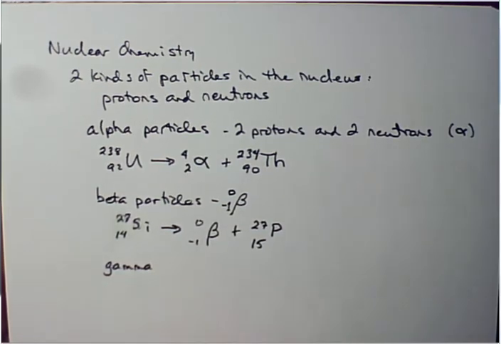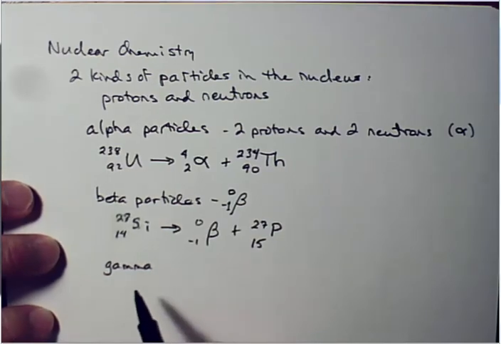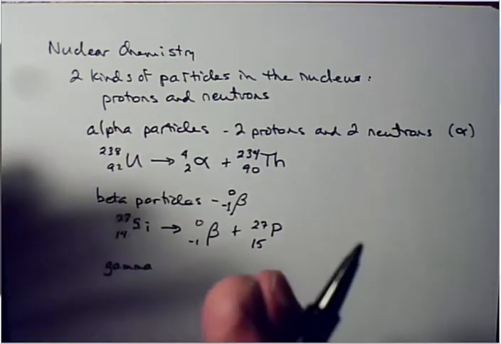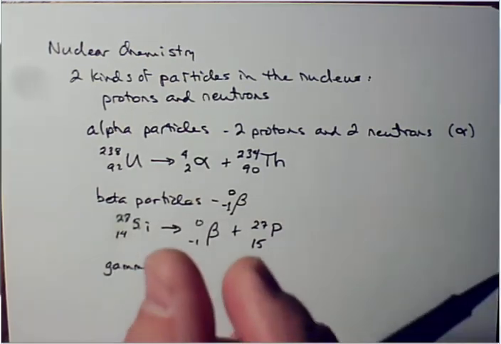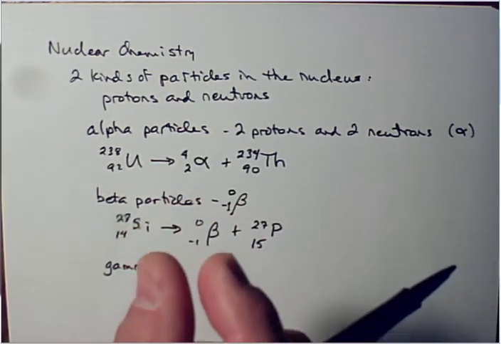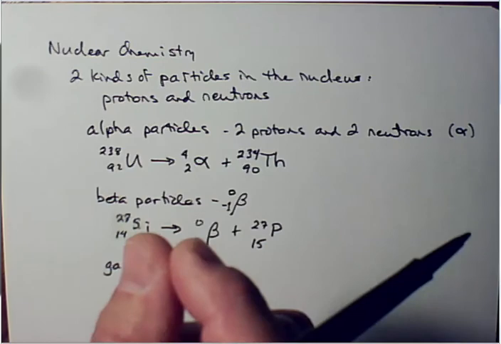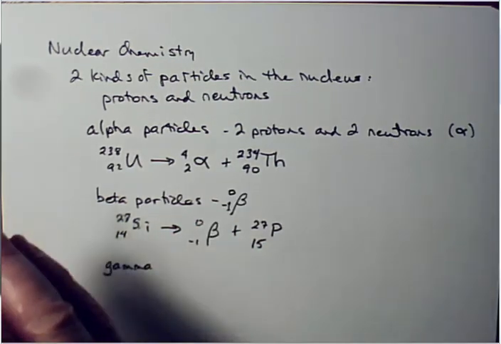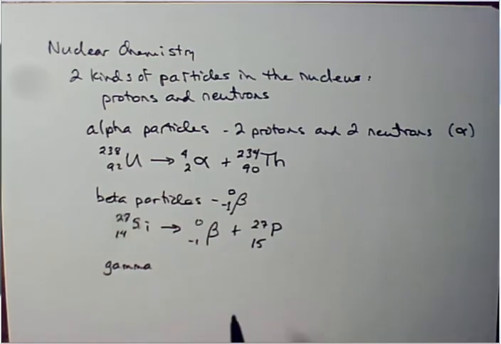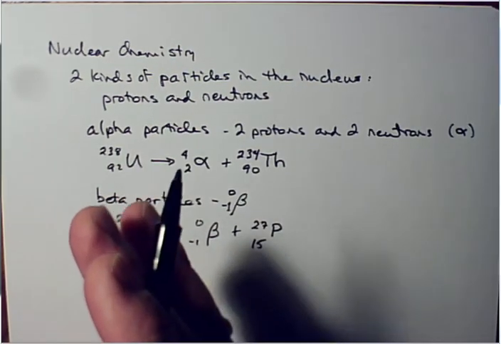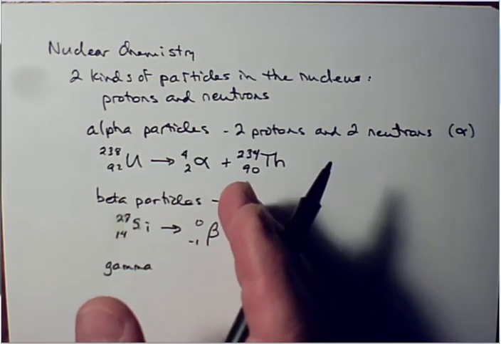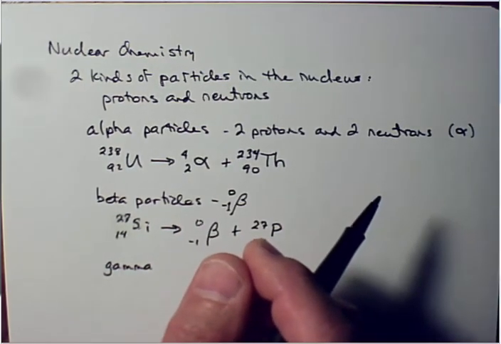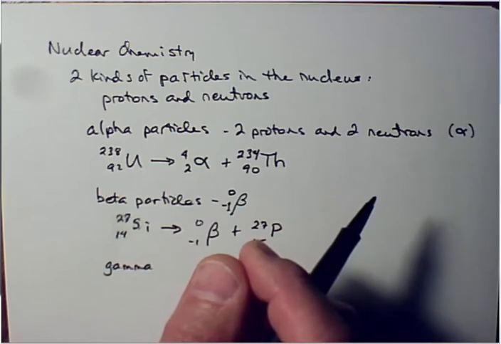Gamma radiation is all electromagnetic radiation. Gamma radiation has the smallest wavelengths of any electromagnetic radiation. You need to know that. Electromagnetic radiation is light, but the only light we can see is a tiny little slice, way below the wavelength of gamma.